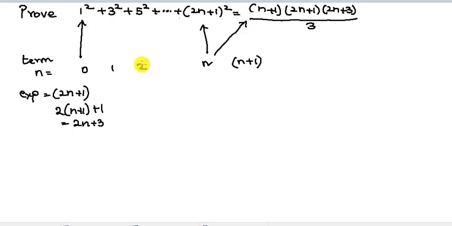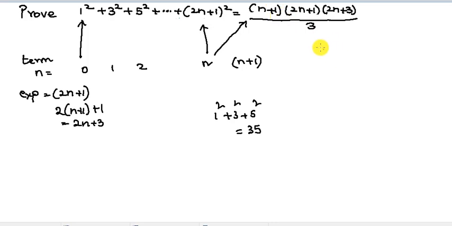For example, let's take 2. So when n equal to 2, what is the expression saying? It's 1 squared plus 3 squared plus 5 squared. So this is equivalent to 35. Pause the video if you want to.